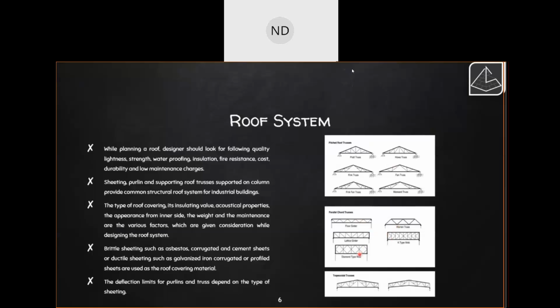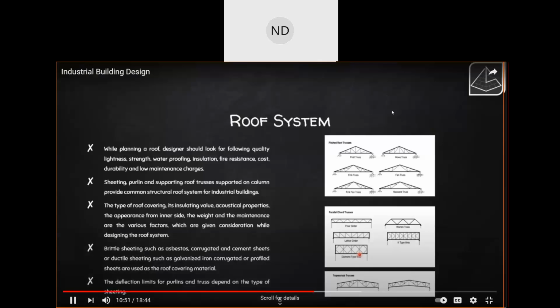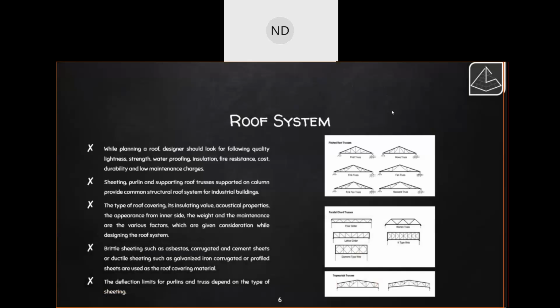We have cape drive, toe girder, or a dice girder, etc. Then we have a combination form, which is a trapezoidal roof truss. Trapezoidal form of truss like this.